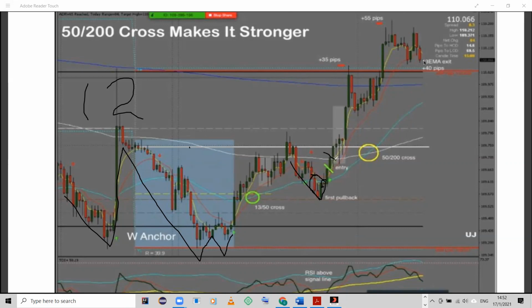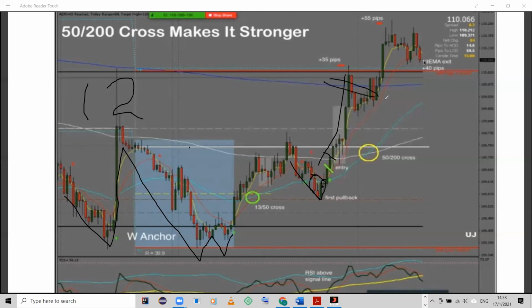If you're not confident enough of the first pullback, because we now know that we already have two confirmations, the anchor and the 13 and 50 cross, we are now just waiting. We'll be confident that our entry can come even before the 200, because we know it's going to be broken. Our take profit will be all the way up here at the 35 pip mark, because for us, we go in for 30 pips.